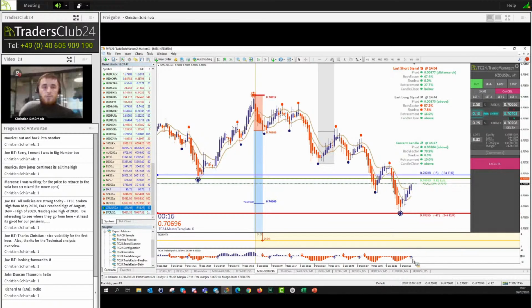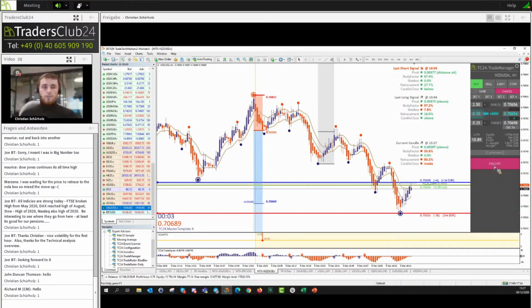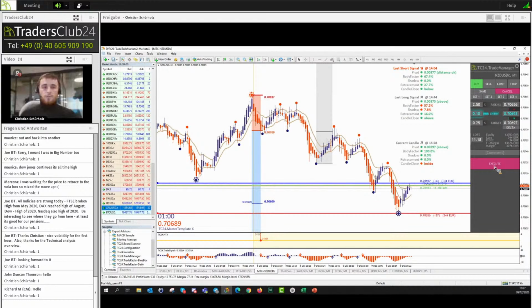So we've got our signal here at the bottom. We've got our arrow. We're just waiting for the close of that candle. But no. So the candle actually closed inside those two lines there.